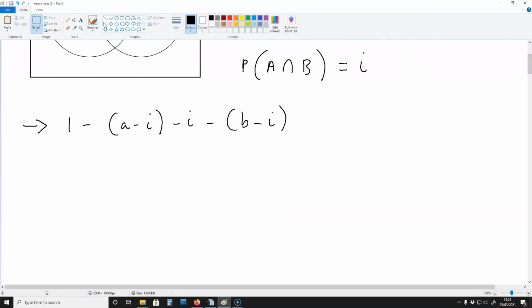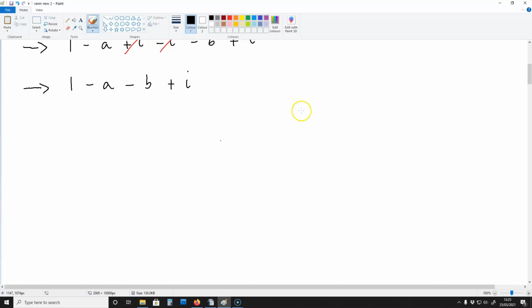Now let's simplify this expression. So what we get is 1 minus A plus I minus I minus B plus I. Now over here, I minus I cancel each other out. So what we're left with is 1 minus A minus B plus I. And we can simplify this further.